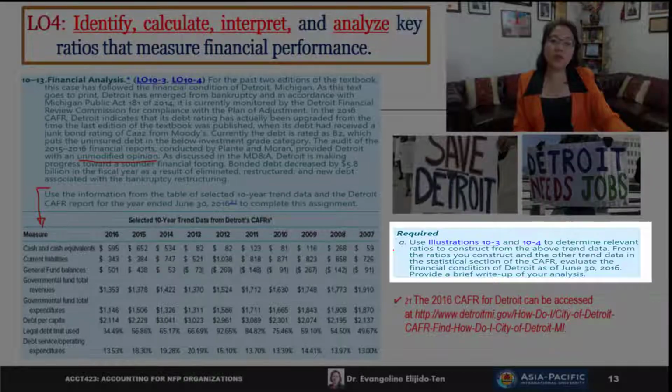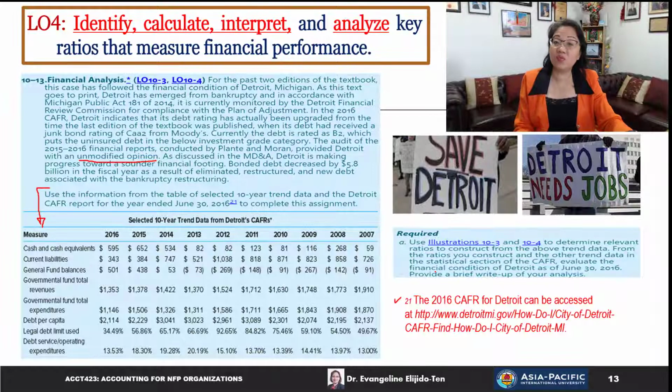The first requirement is to use Illustrations 10-3 and 10-4 to determine relevant ratios to construct from the above trend data. From the ratios you construct and the other trend data in the statistical section of the CAFR, we are asked to evaluate the financial condition of Detroit as of 30th June 2016, and to provide a brief write-up of the analysis conducted.